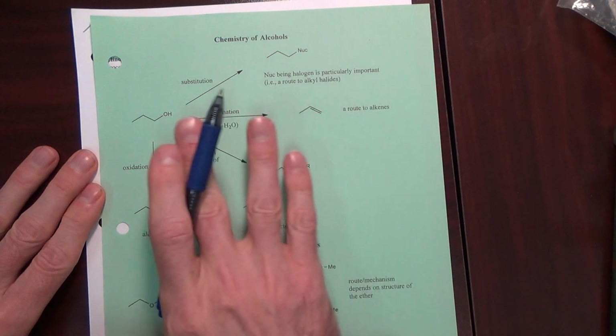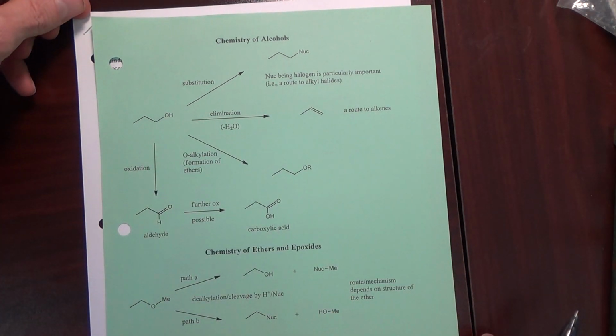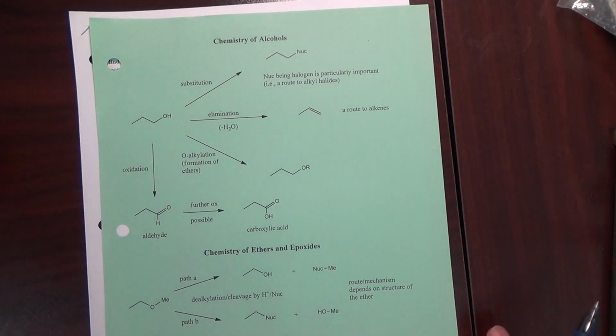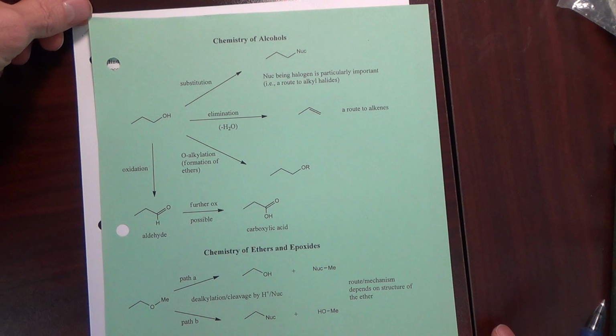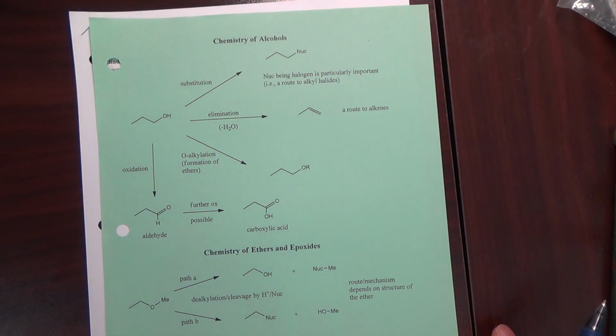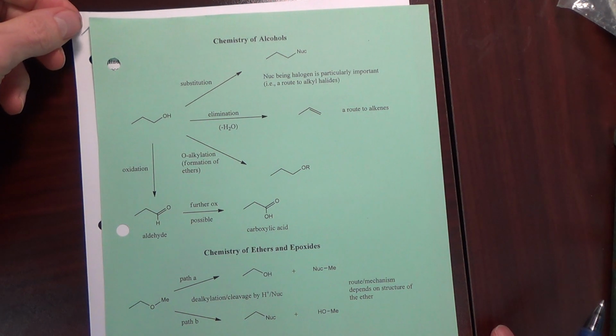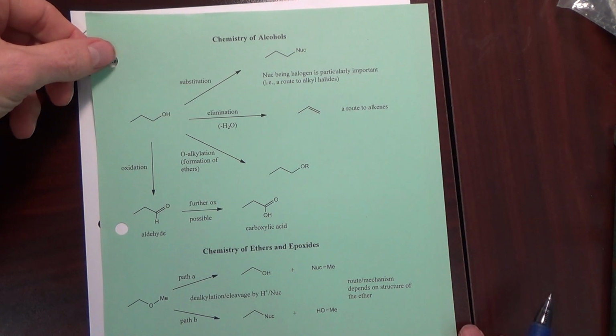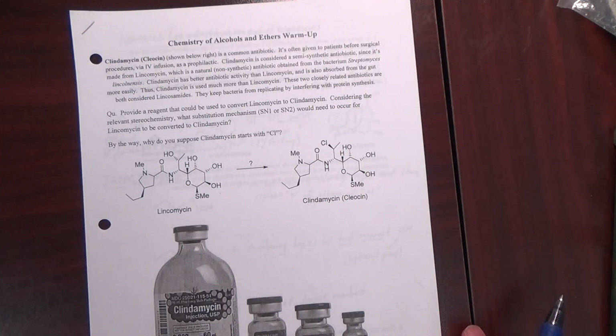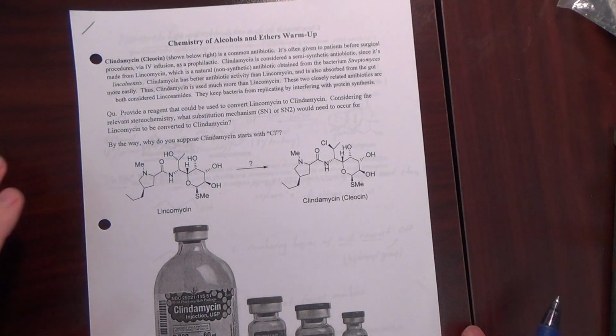So a little bit of review, but it's very good because substitution and elimination reactions are very important. And please remember that the final exam in Organic 2 covers both Organic 1 and 2. So I've always thought it's very worthwhile to do some review of these important reactions as we look closer at the chemistry of alcohols and ethers. Okay.